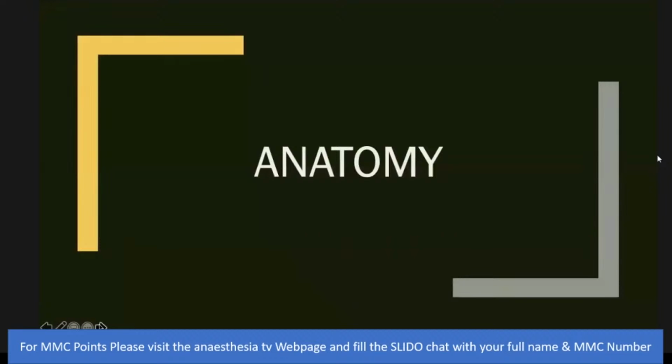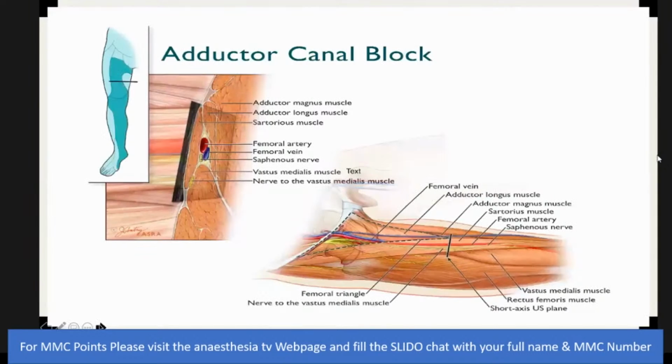Now we shall see the anatomy of the adductor canal block. The femoral nerve passes through the femoral canal to lie beneath the sartorius muscle, entering the aponeurotic intermuscular tunnel in the middle third of the medial side of the thigh. The adductor canal is bounded anterolaterally by vastus medialis, anteromedially by sartorius, and posteriorly by adductor longus and adductor magnus.